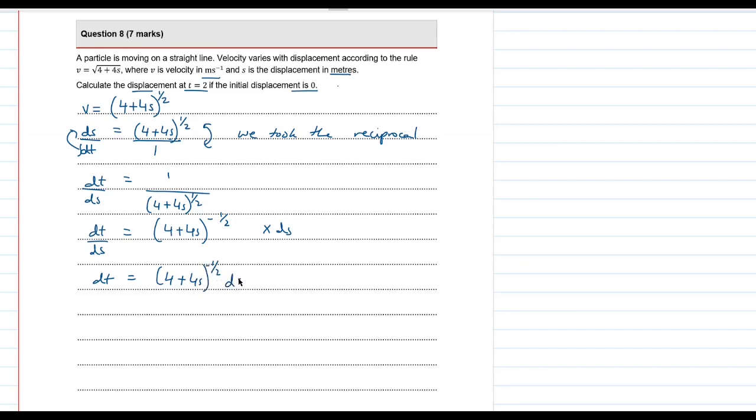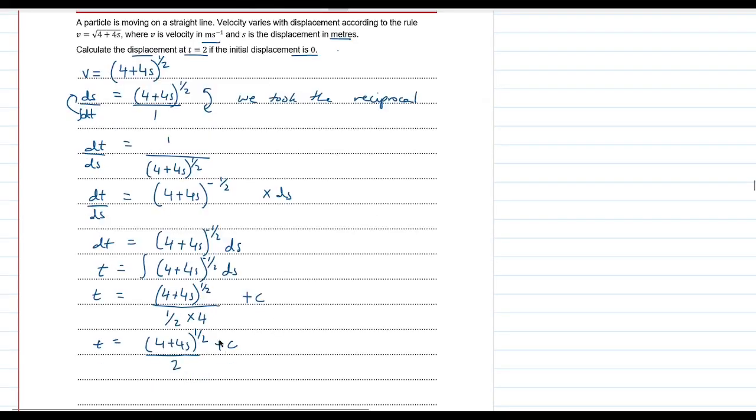And t will just be the integral of this. So let's integrate this. So this is going to be (4 plus 4s) to the power of negative half plus 1, which is going to be half, all over half times the derivative of the bracket, which is 4, plus c. And this is going to become (4 plus 4s) to the half over 2 plus c. Now we still need to find c, but we know that the initial displacement is 0.